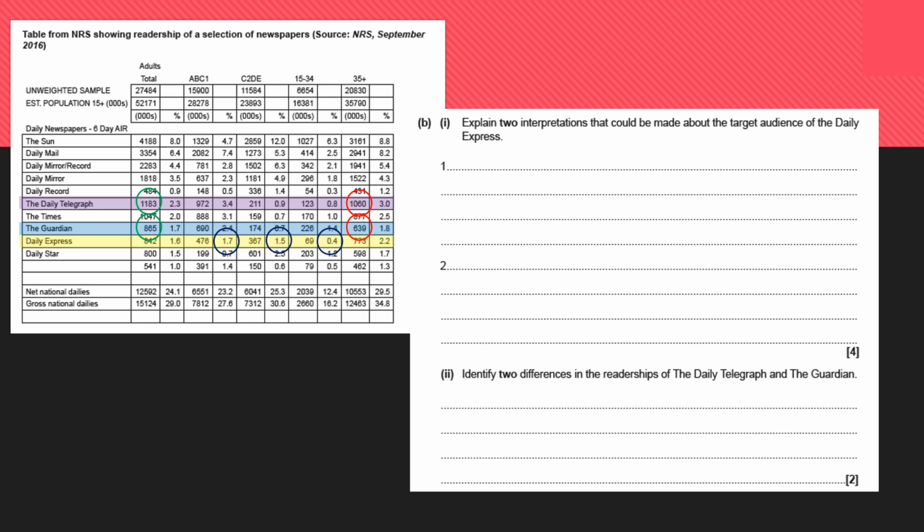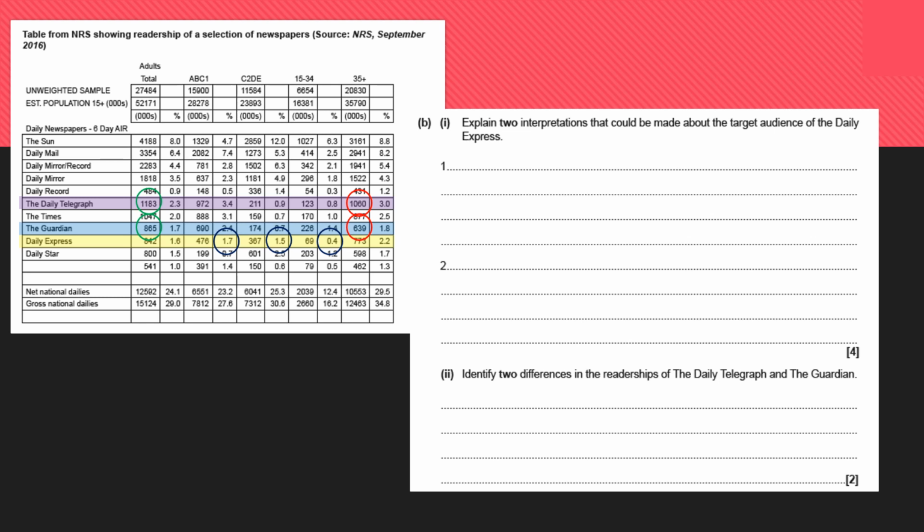Identify two differences in the readerships of the Daily Telegraph and the Guardian. So I've highlighted the Guardian in blue and the Daily Telegraph in purple. What I've done is circled where I think there is some sort of important information to look at. We're looking for two differences, and all you've got to do is identify them.